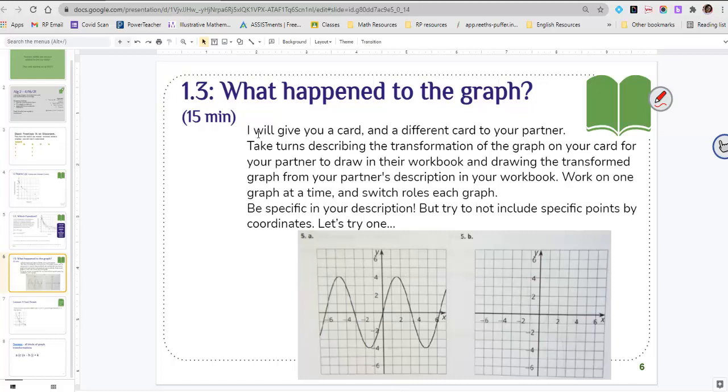And so we want to always just be very specific as we're making these descriptions about how far we're moving something, which direction we're moving it, left and right, up and down, and which direction we're also flipping it or reflecting it, which I heard some great people using some awesome geometry terms. Somebody said, ooh, rotate it. They didn't even use reflect that one.